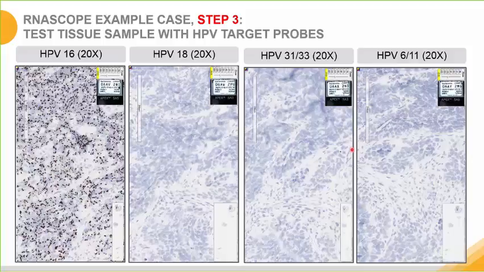In this case, the target tissue was stained with several probes for different HPV subtypes, including HPV-16, HPV-18, HPV-31, and 33, performed in a duplex assay, as well as HPV-6 and 11, again performed in tandem. You can see that HPV-16 is strongly positive, whereas the other HPV subtypes are negative, indicating that this tissue is positive for infection by HPV-16.